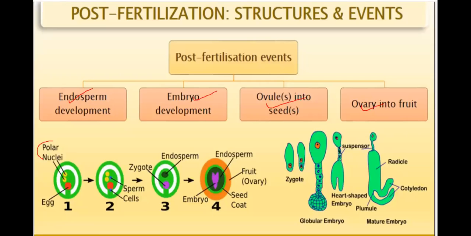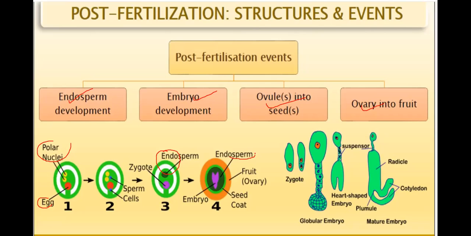So there are polar nuclei, then one egg. Here there are steps number 2, 3, 4. Then the sperm cells, two male gametes: one male gamete fuses with the egg, and the second with what? Polar nuclei. So the egg will develop into the zygote, and then this PEN, the primary endosperm nucleus, will develop into endosperm.